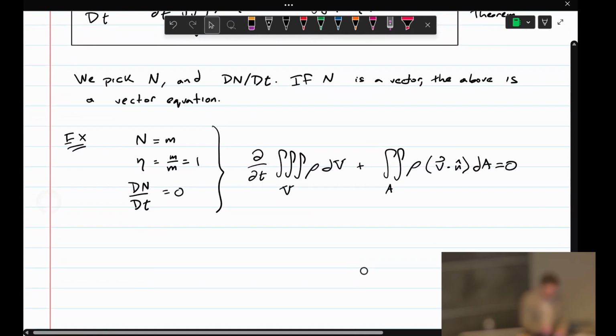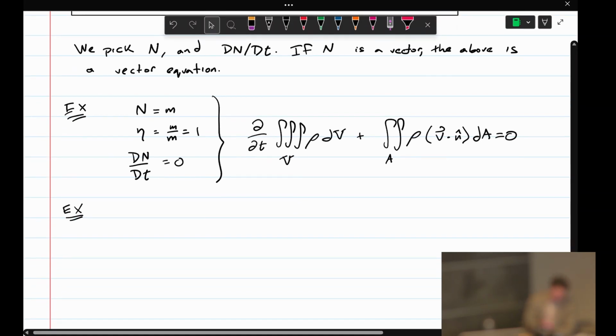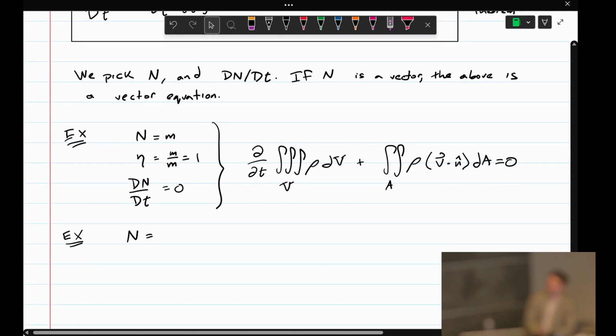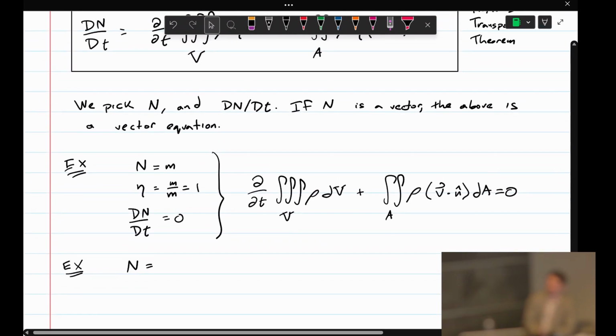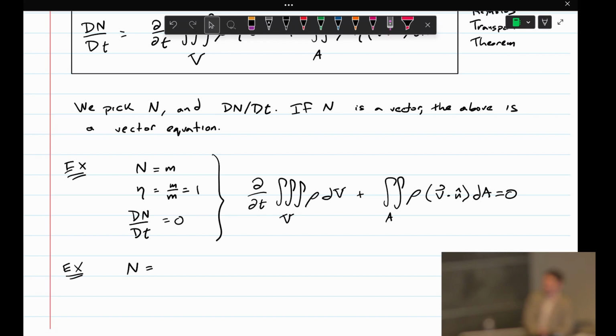Okay. Now we'll do conservation of momentum. So I did the easy one. Maybe you can help me with the hard one. What is N for conservation of momentum? What is the extensive property that defines momentum? Take a guess. Yep, the velocity.